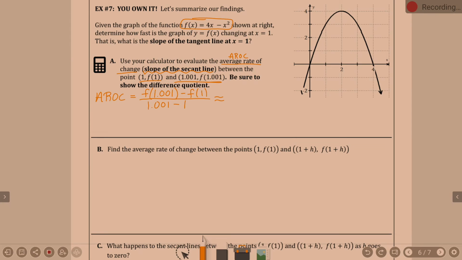So type whatever f is into your graph, 4x minus x squared. I think you guys can't see what I'm doing. Note where you're putting it, Y1, Y whatever. Mine's not Y1, but that's on me. Then go to your basic screen and set up your fraction bar.